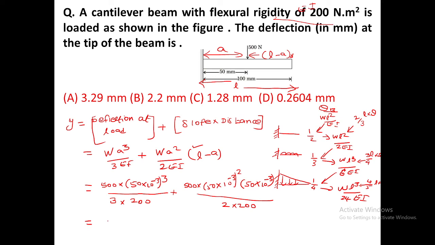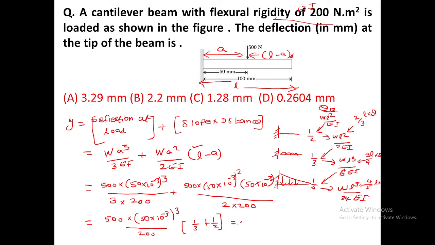Here the common term is 500 into 50 into 10 power minus 3 cubed divided by 200. Remaining is 1 by 3 plus 1 by 2.